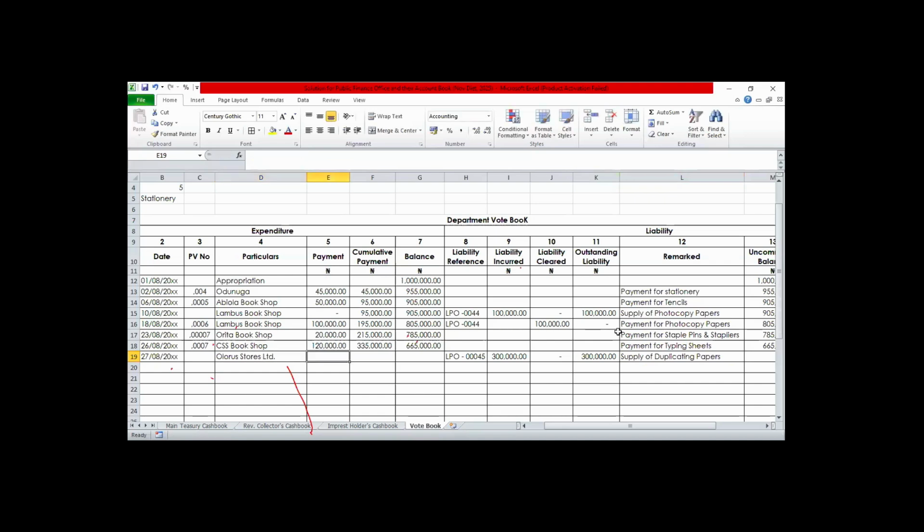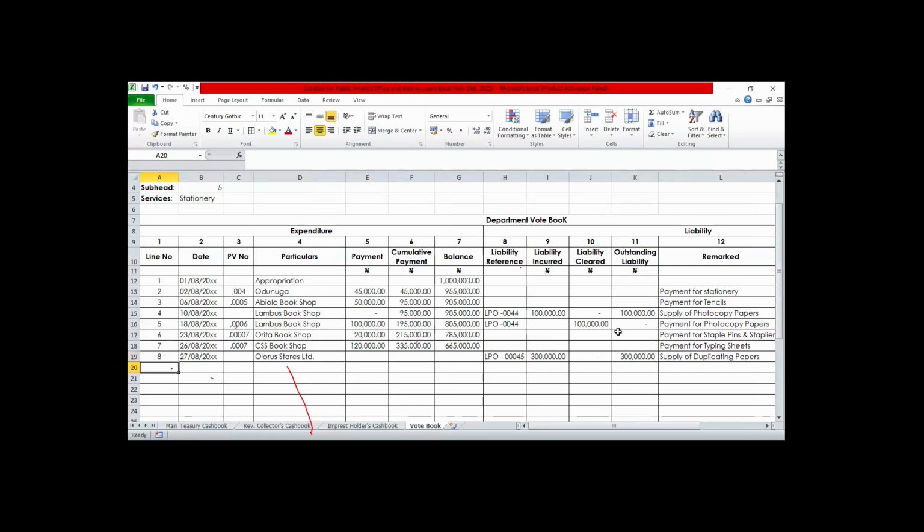Okay. The next one. On the 30th of August, settled 300,000 naira on PV number 00008 for the purchase of carbon papers to Dozy Bookshop.